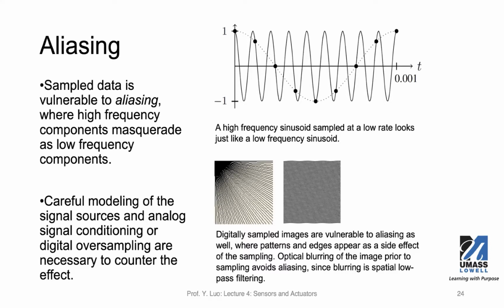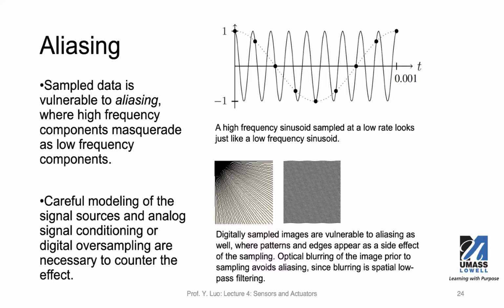Okay, aliasing is related to sampling. I will talk about sampling also when we discuss the analog-to-digital converter. When you have these sensors, oftentimes they produce a voltage signal, and many sensors produce a continuous voltage signal as output.